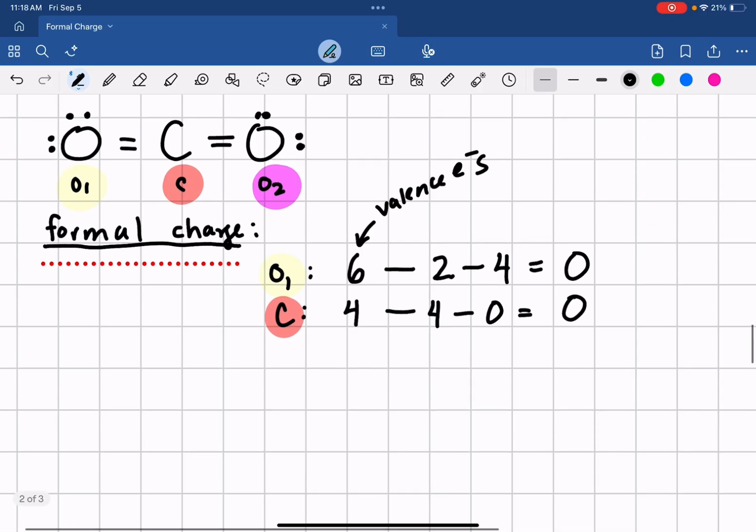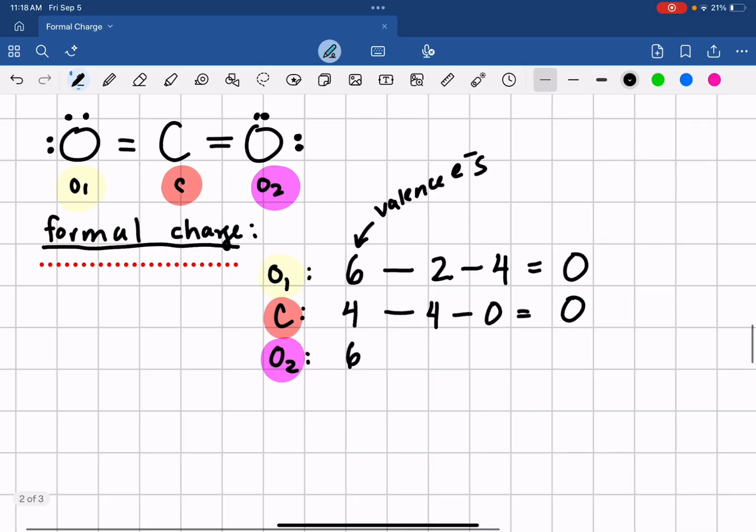Wow. Okay, let's take a look at oxygen 2. The same thing. Even though they're identical on either side, I'm still going to calculate it just to make sure and just so you guys can visualize it. Oxygen falls underneath category 6A on the periodic table, so I know it has 6 valence electrons, minus 2 bonds, minus 4 dots.